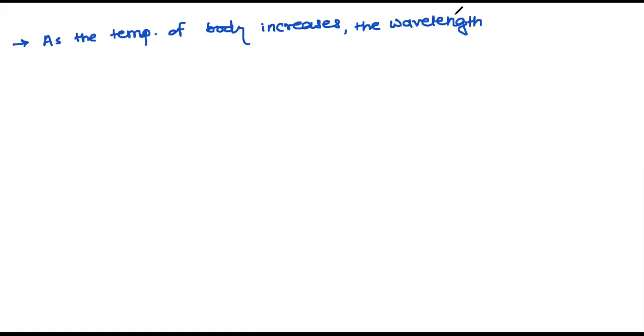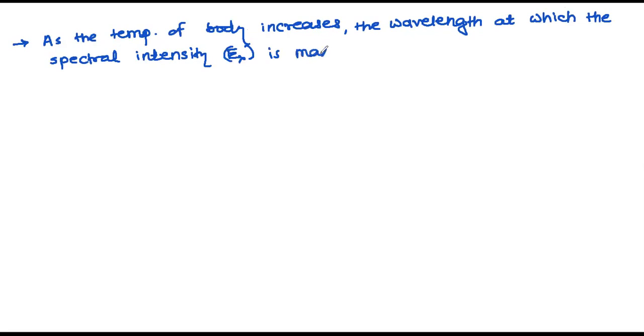As the temperature of the body increases, the wavelength at which the spectral intensity is maximum shifts towards left.